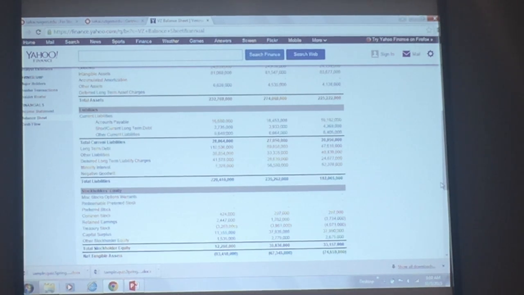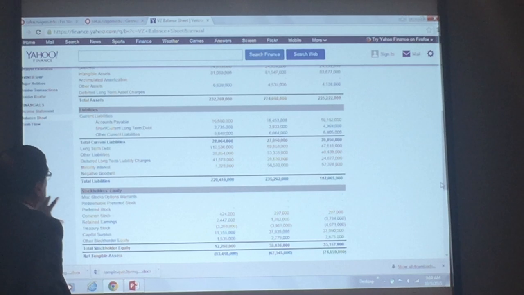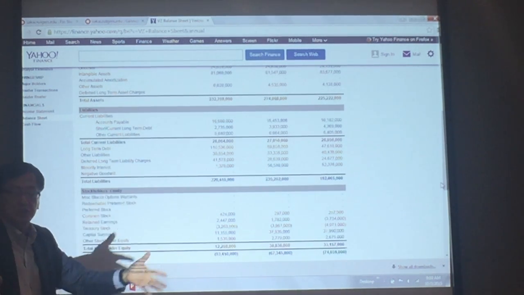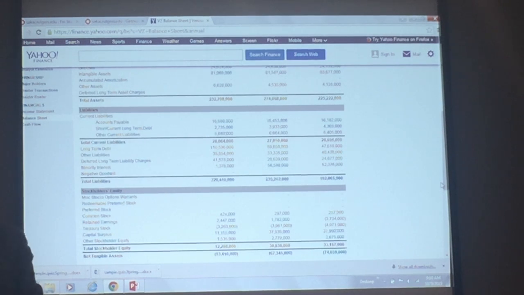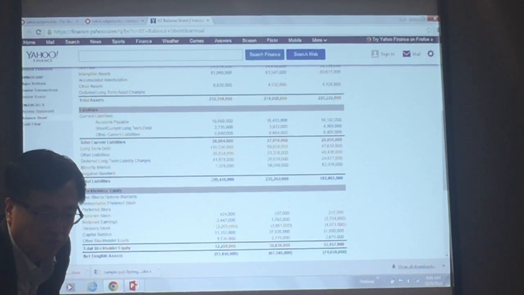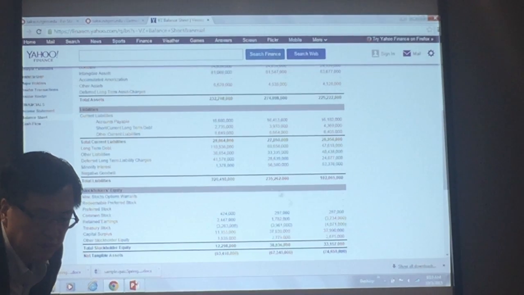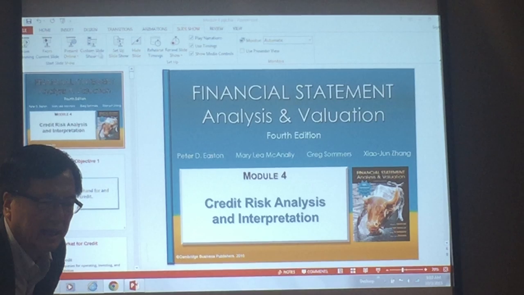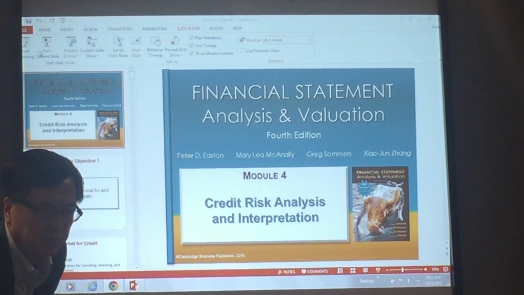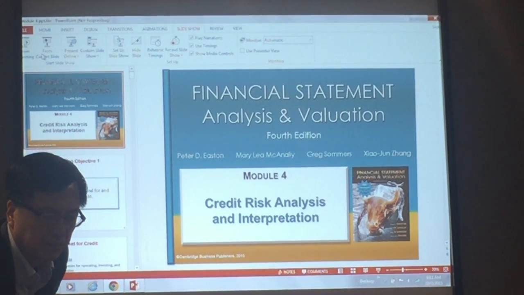So this is a simple example where we see the significant implication of long-term debt on their financial reporting. Well, this is a rather extreme case. So we'll go over here.